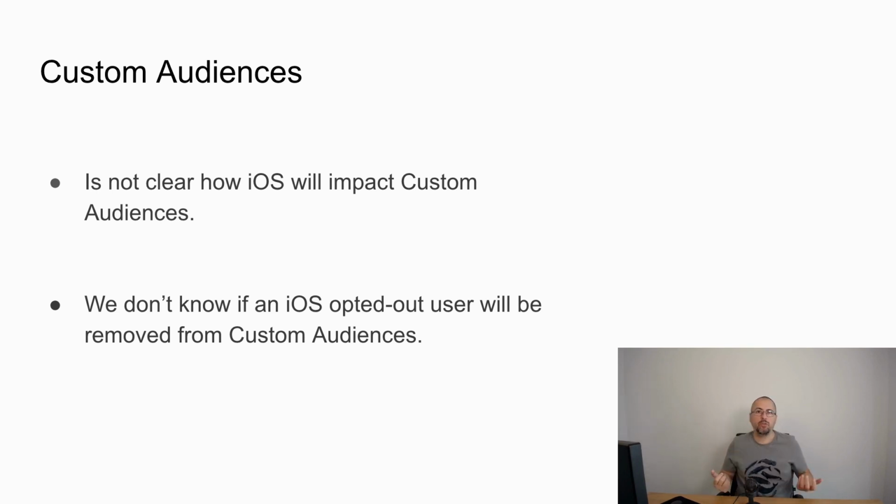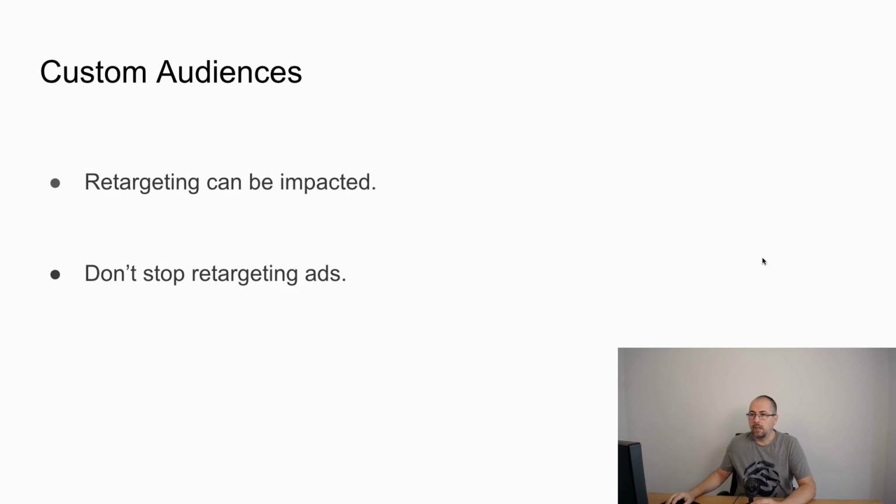But it doesn't mean that you should stop doing retargeting. Just expect not as good results as before. I think retargeting using custom audiences will be somehow impacted. But again, don't stop doing retargeting ads. They're still useful. Just be more careful and watch the results.